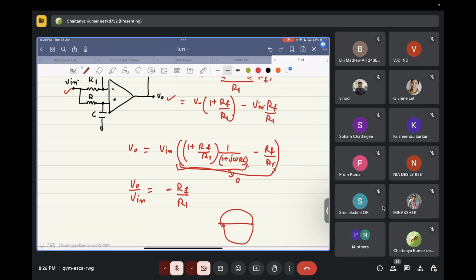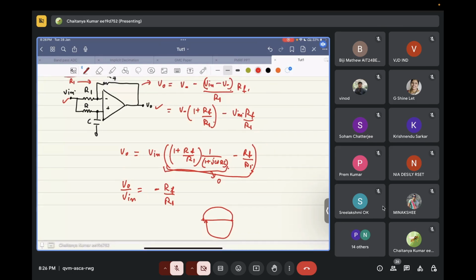So basically, how does the phase of this complete thing look? First of all, let's try to plot the magnitude and phase response for this system. First, we'll plot the magnitude response.